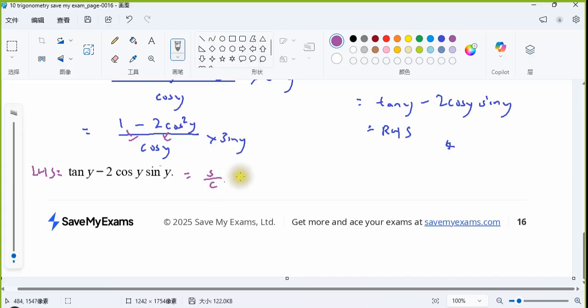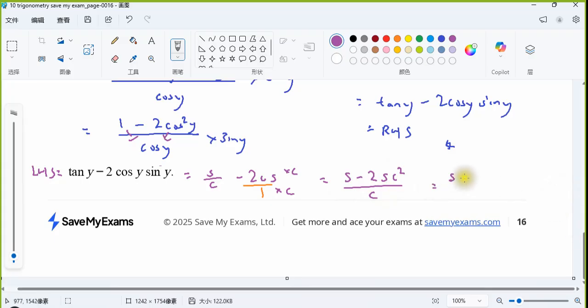Tangent is sine over cos minus 2 cos sine. And this one we have 1 and we multiply with cos, then it will become sine minus 2 sine cos square over cos.